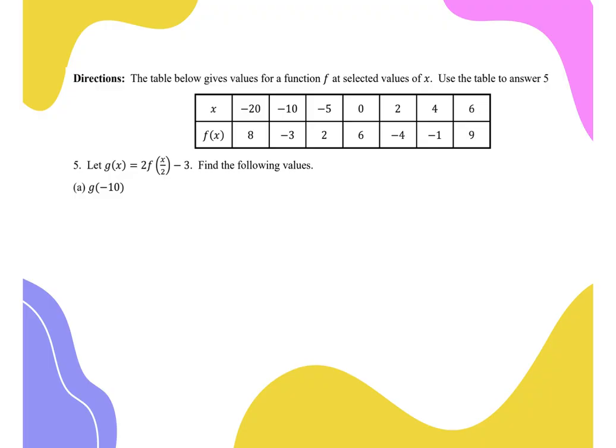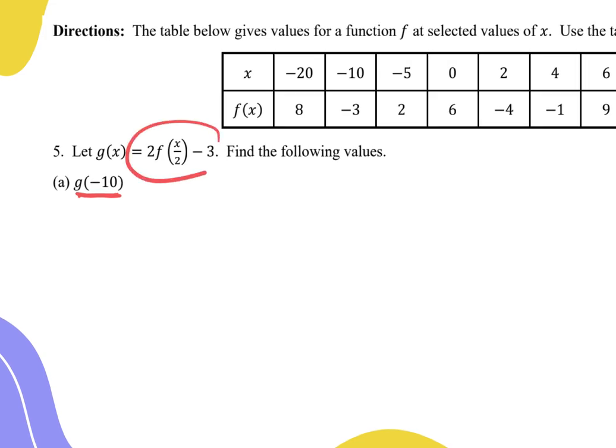All right, so the table below gives values for a function f at selected values of x. Use the table to answer. It says let g of x equal 2 f of x over 2 minus 3. Find the following value. So my goal is to find g of x, but after I change my x values. So I'm going to look at my x values, which are that top row, and I'm going to look at my transformations here.